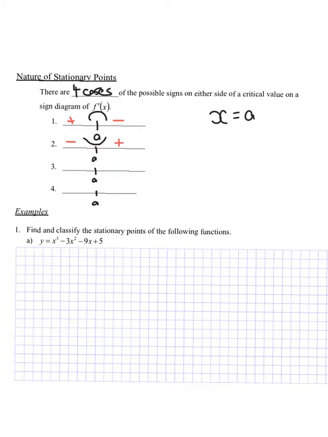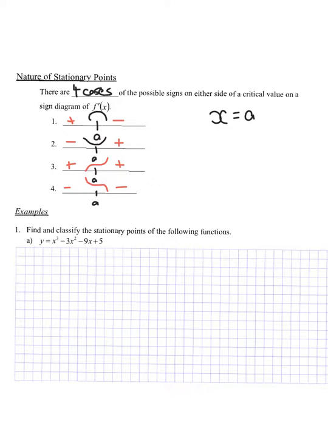That's a negative slope, that's a positive slope. If it's a positive slope to a positive slope, which means that it's always increasing, it's going to look like that. And if it's a negative slope to a negative slope, which means it's always decreasing, it's going to look like that. Okay? Good. All right, they're the 4 cases.